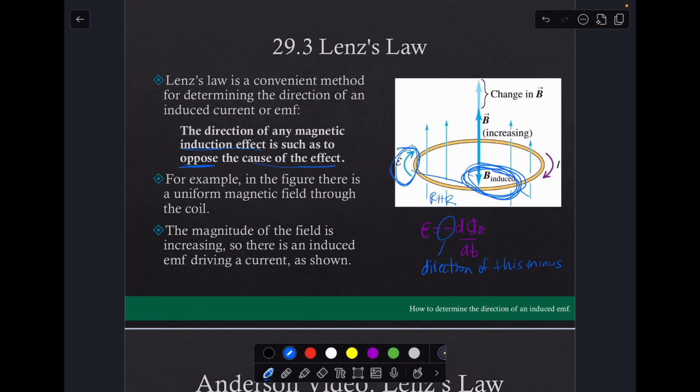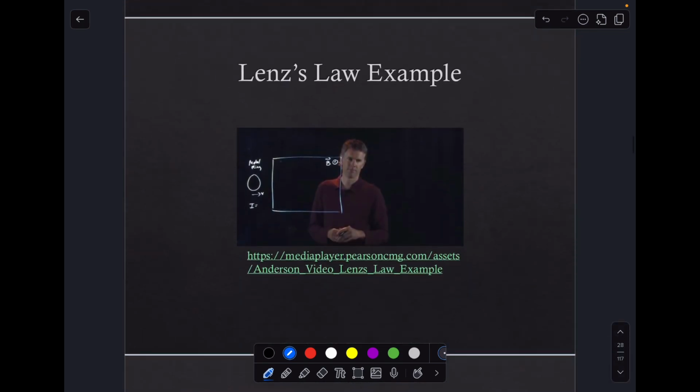And the rule that decides the direction of B induced is whatever direction opposes the change in flux. That change in flux can occur through a changing B field, through a changing area, or through a changing angle. So let's go over some examples for that.